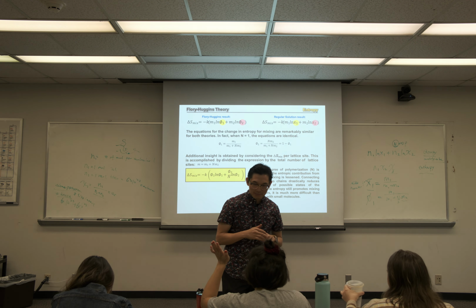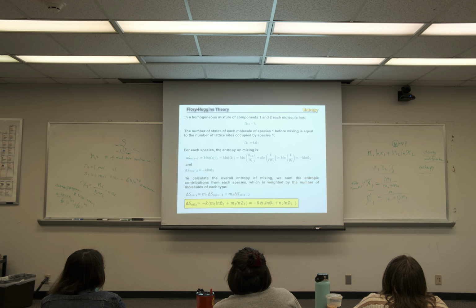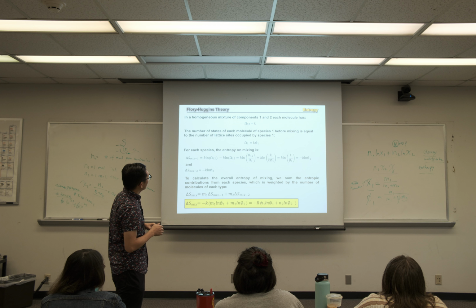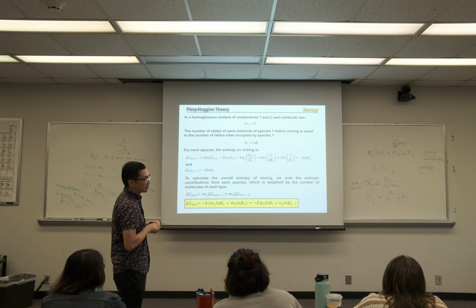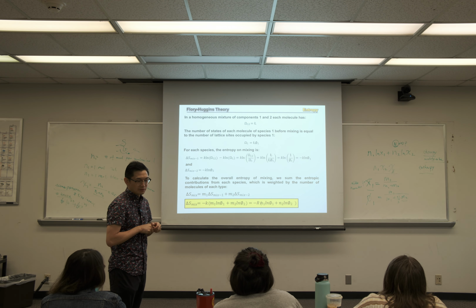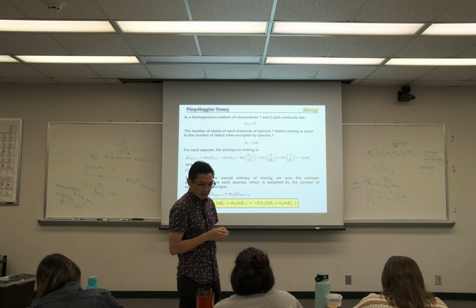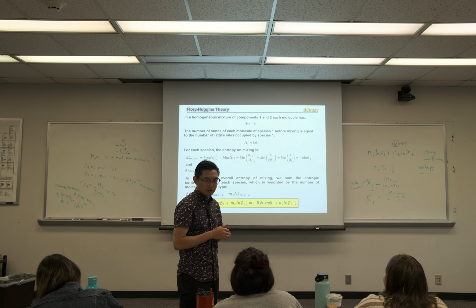Yeah, Amy? Can you go back to the previous slide? Yes. I don't understand this L with the slash through it. L just assumes a number of different states the system would have, because the entropy for the polymer will not be 0 before we mix it.